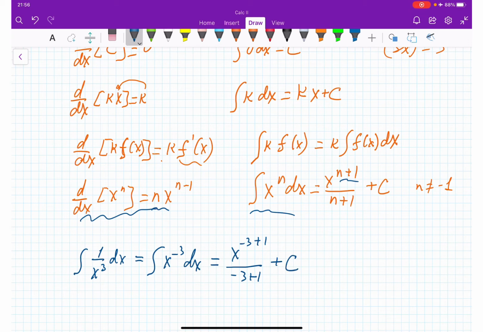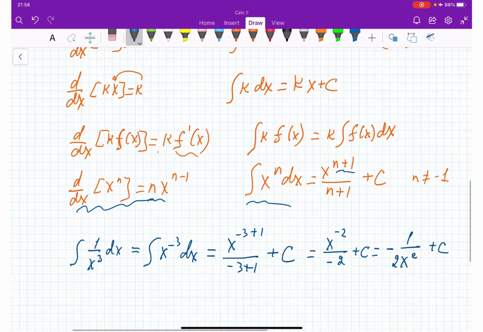We don't forget c. If I simplify, it's going to be x to the power negative 2 over negative 2 plus c, and as a result we are getting negative 1 over 2 x squared plus c.